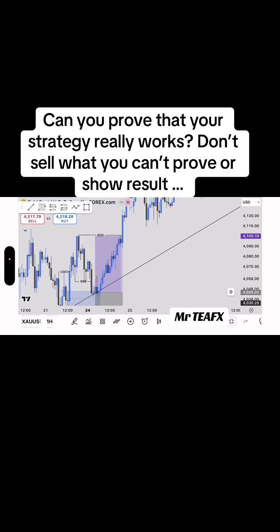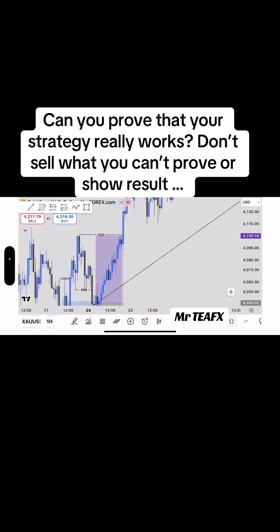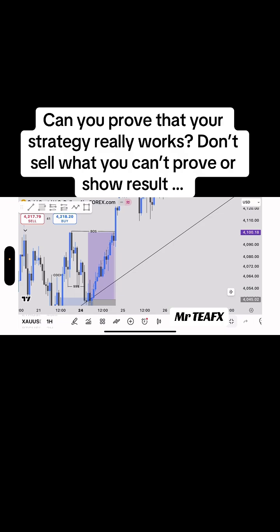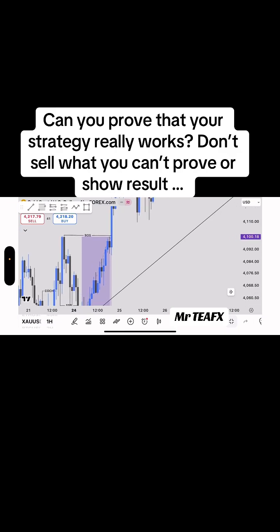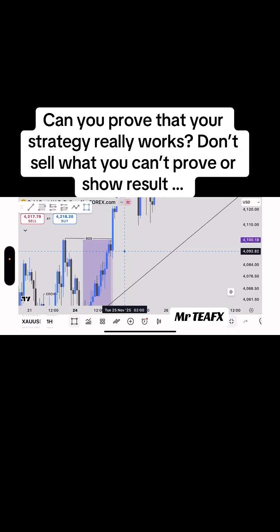Now when you look at this, what next? If you trade supply and demand after a break of structure, where is your order block supposed to be? The last candle that printed before the impulsive move, which is this candle. Why? I will explain. Now look at this.